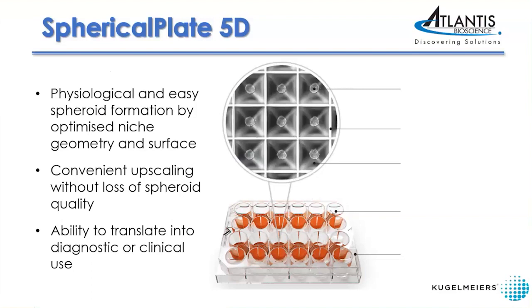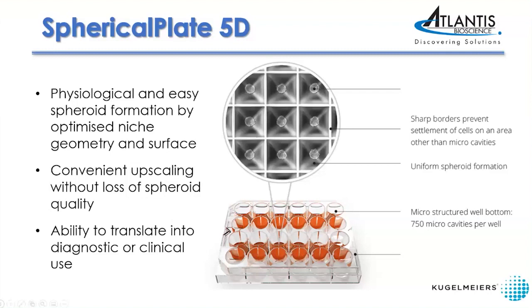So in order to circumvent these drawbacks, a company based in Switzerland has developed a spherical 5D plate using a patented technology for easy and scalable generation of spheroids. So the spheroids formed are of controlled and uniform size, and could be used for clinical usage.